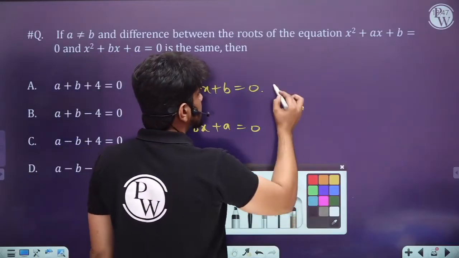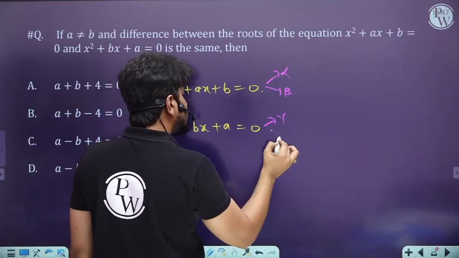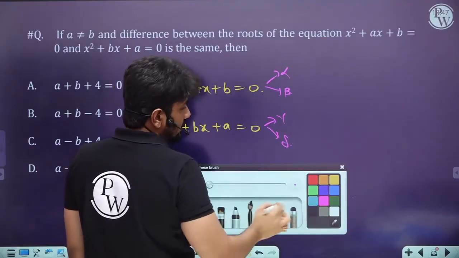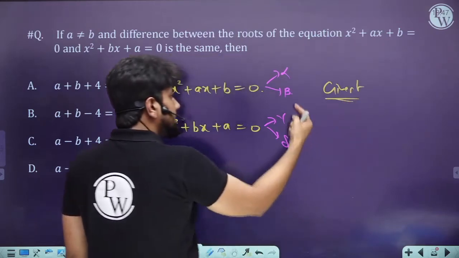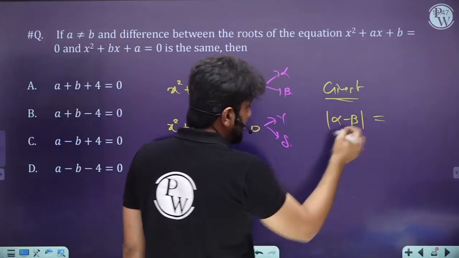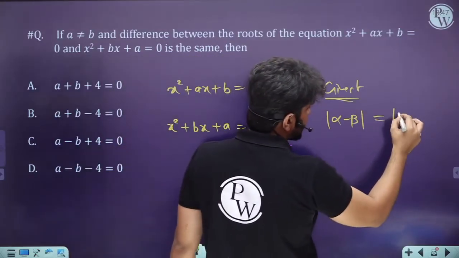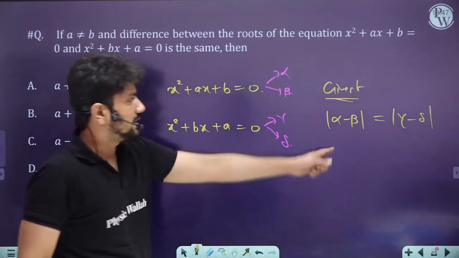Let's say that the roots of the first are alpha and beta, and the roots of the second are gamma and delta. It is given that the difference of these two roots, alpha minus beta, and the difference of the other two roots, gamma minus delta, are the same.